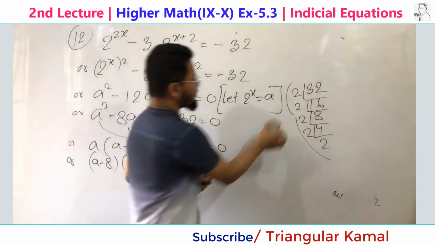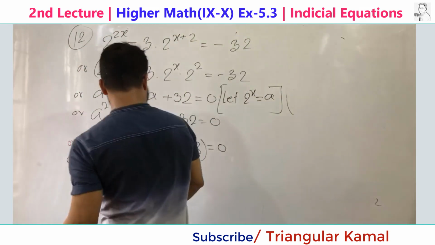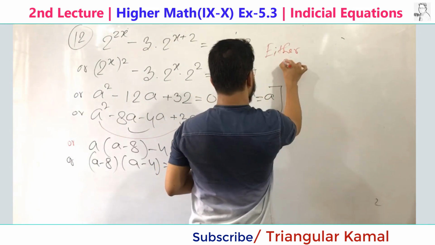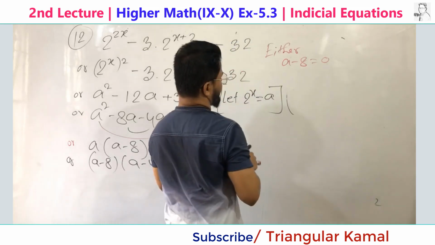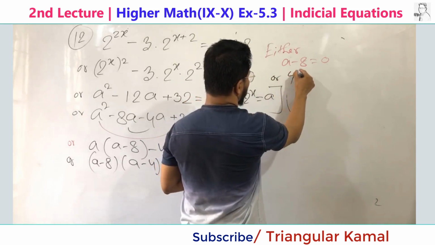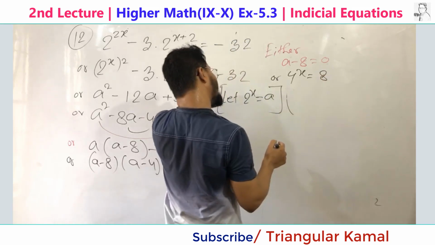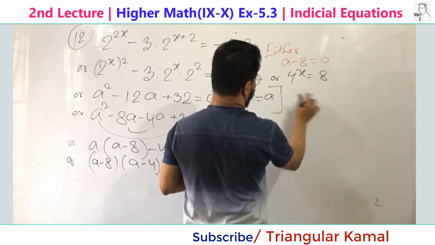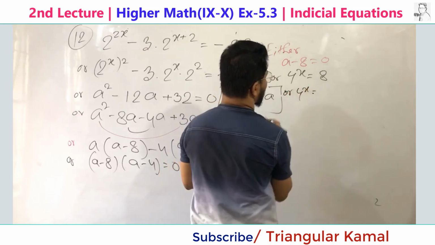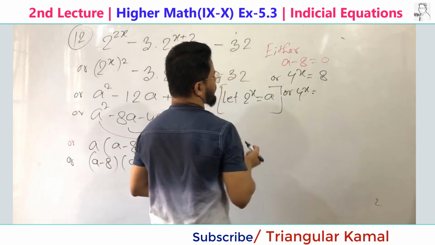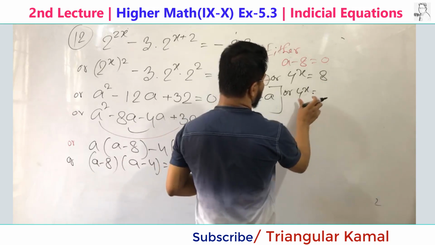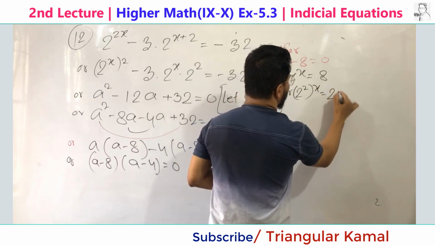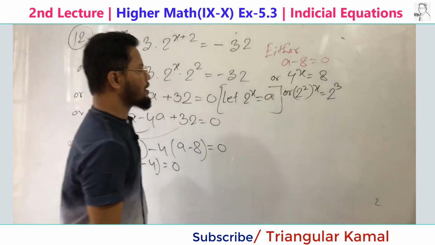So now started from the next one. Dear students, either a minus 8 equals 0, or 4 to the power x equals 8 using the value of a. I think this is a little bit difficult to convert, so you can write here 2 to the power 2x and 2 to the power 3. In both cases the bases are the same.